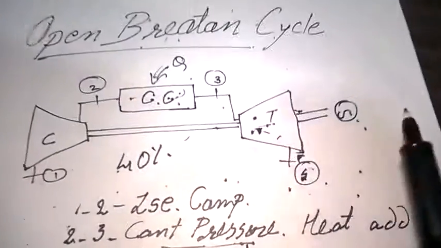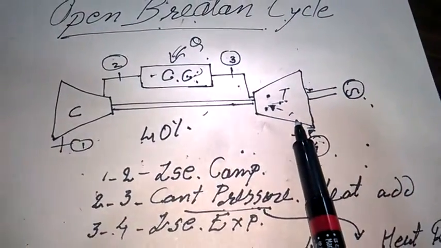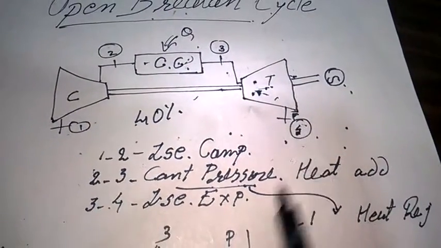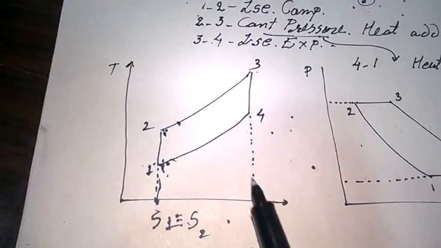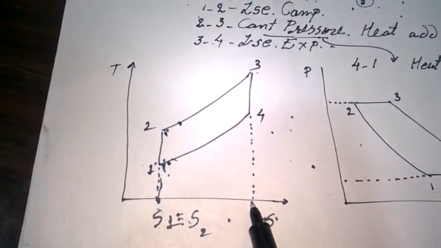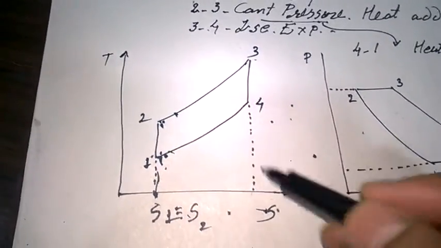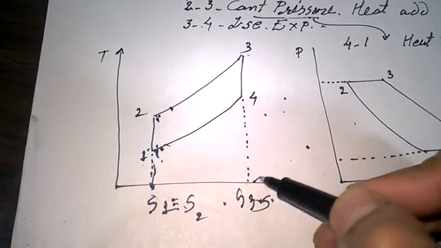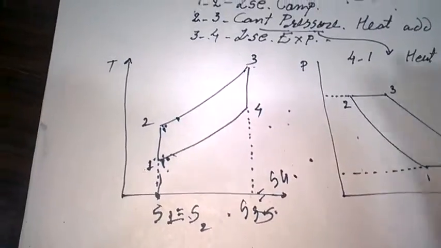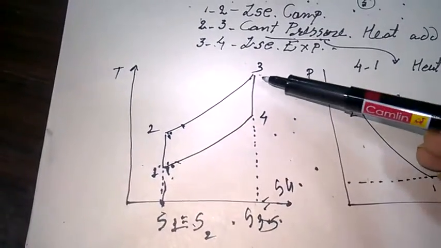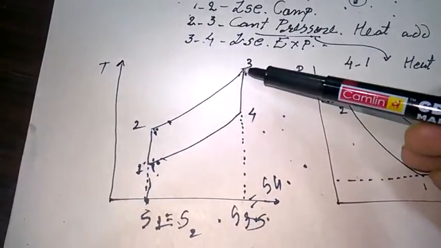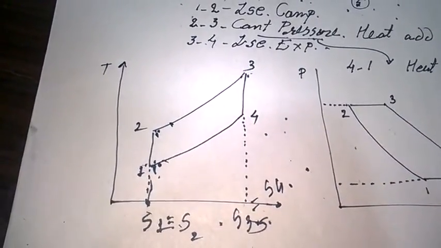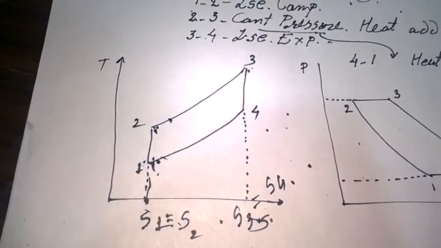Same in the turbine but in the reverse direction, isentropic expansion. Isentropic process means no heat addition, no heat rejection, entropy remains constant. So S3 is equal to S4, but we are basically expanding the gases.